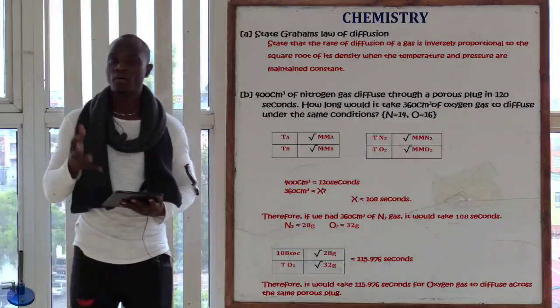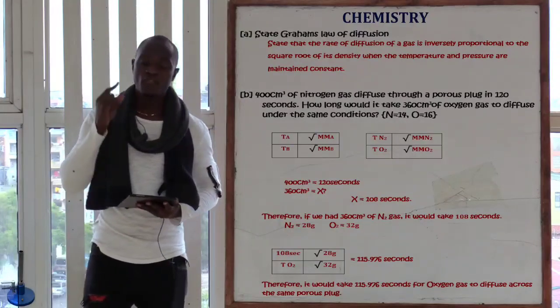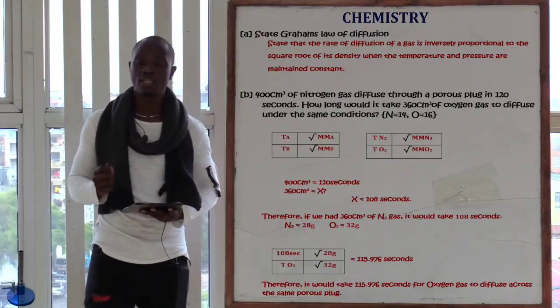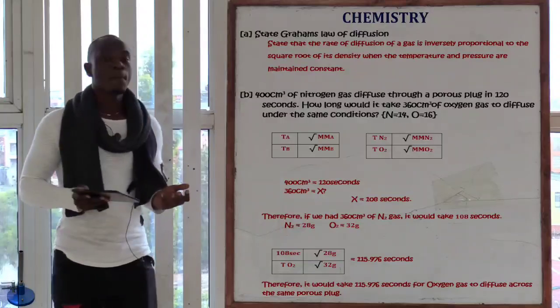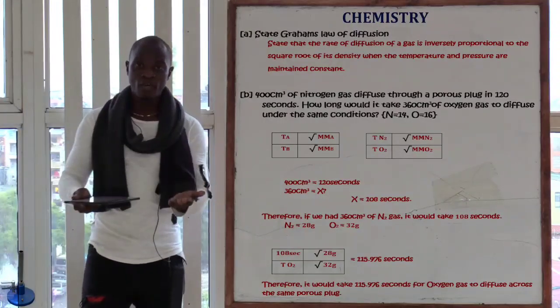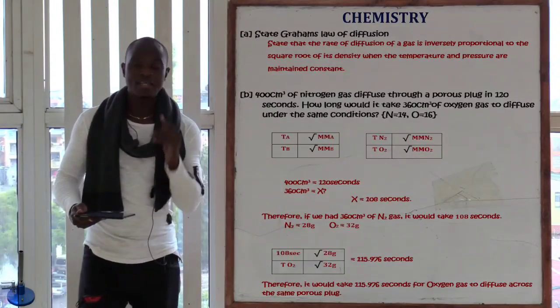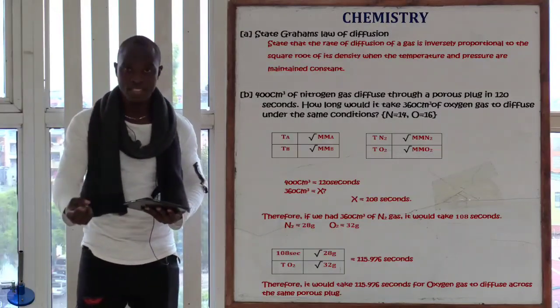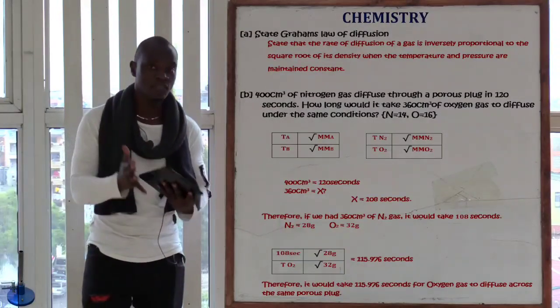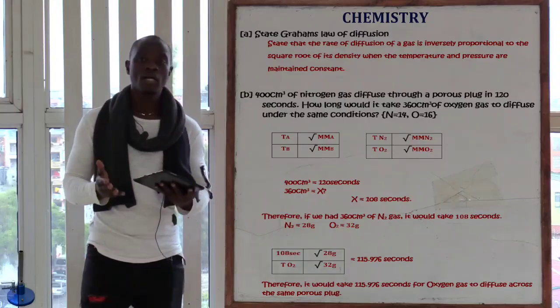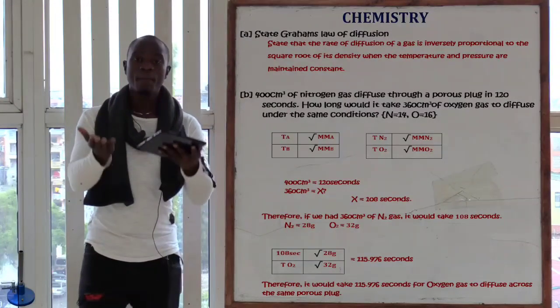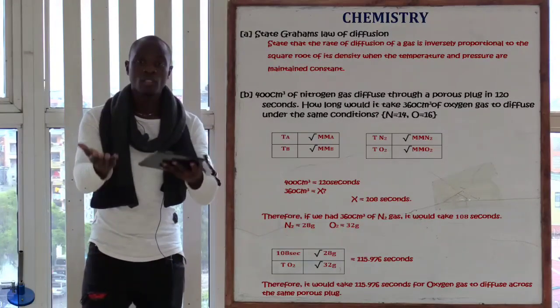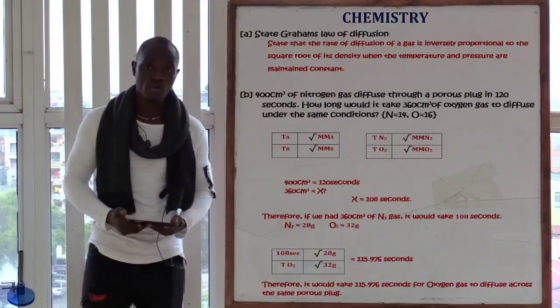If you are in such a situation, the first and most important thing you do is bring nitrogen to the same level as oxygen. That is always the first thing to do. The gas that you have not been given the time for, like oxygen in this case, so for nitrogen we have the time. So bring nitrogen to the level of the oxygen in terms of volume.